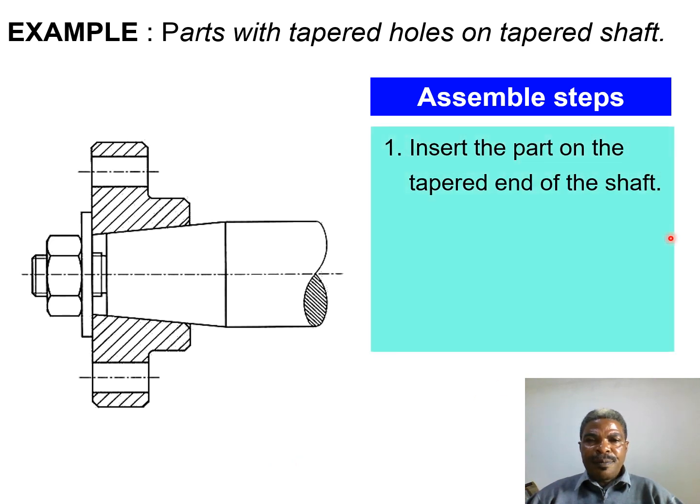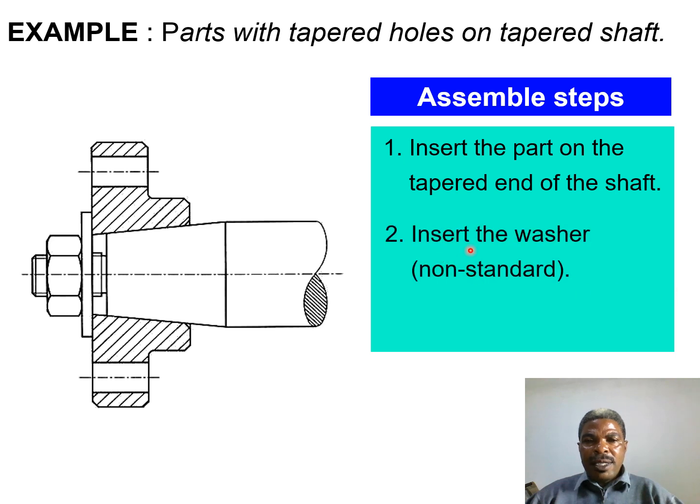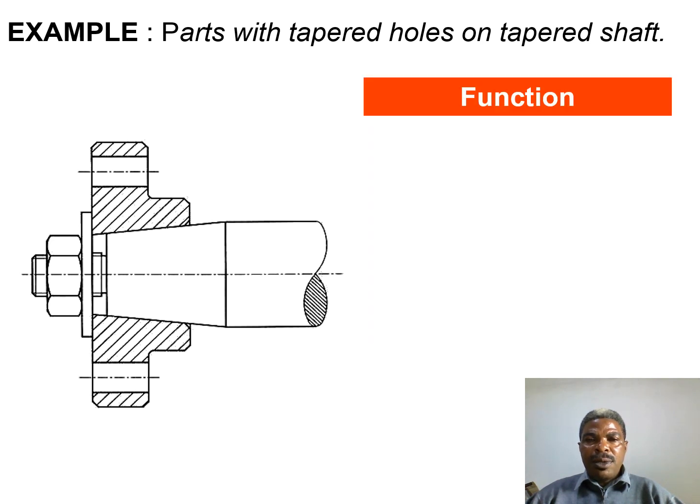So insert the part on the tapered end of the shaft, followed by the washer, a non-standard washer, then tighten the nut. It should be taken into consideration which one comes first and which one follows.